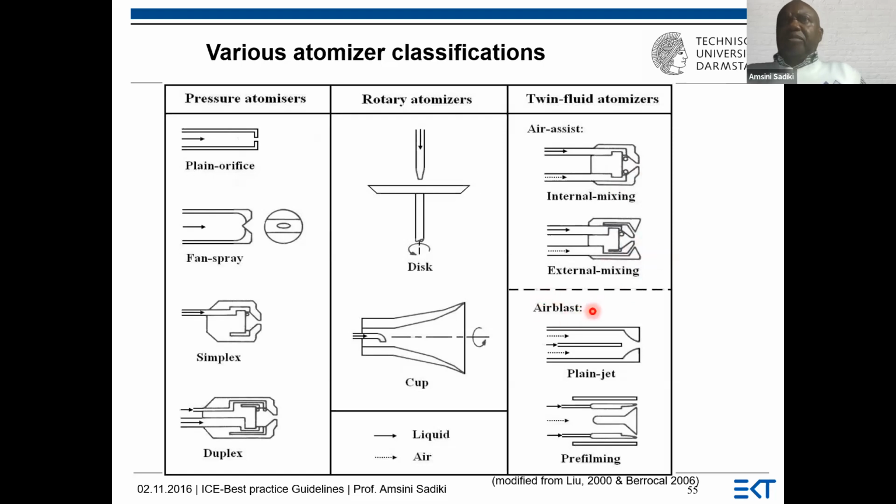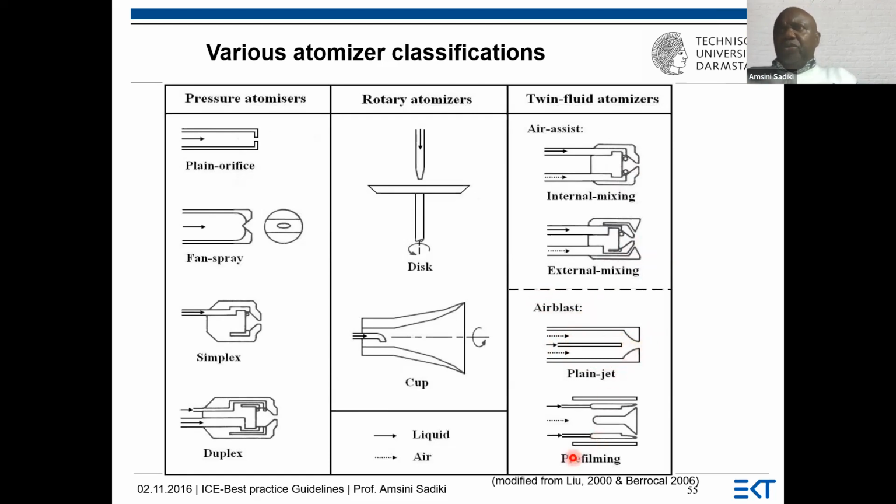We have also the air blast. The air blast, so in the middle we have the fluid, the liquid fuel, and here we have the air, and here we have the shear built between these two, and then we obtain the spray, we obtain the disintegration of this film at this position.